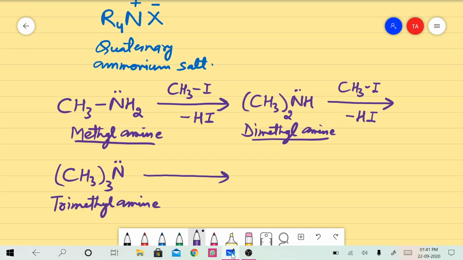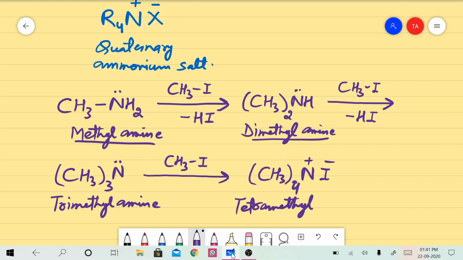Now this tertiary amine reacts again with a methyl iodide, and finally we get a quaternary salt, and this quaternary salt is tetramethyl ammonium iodide.